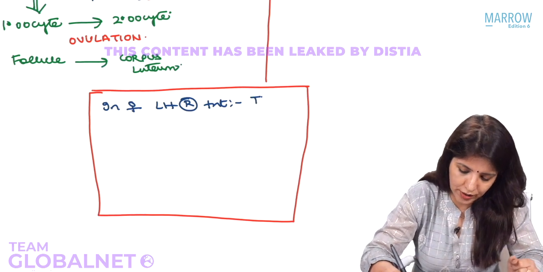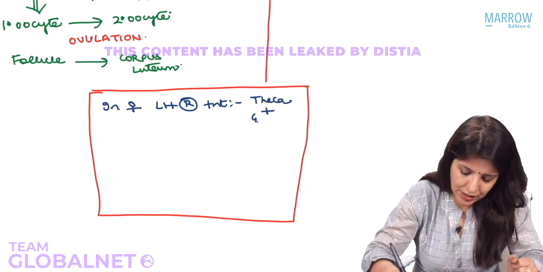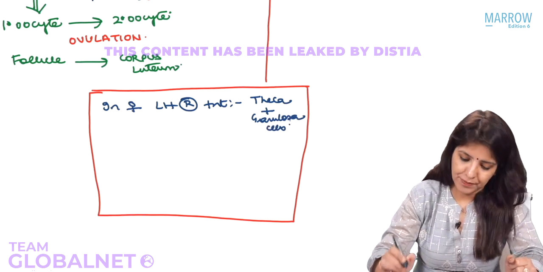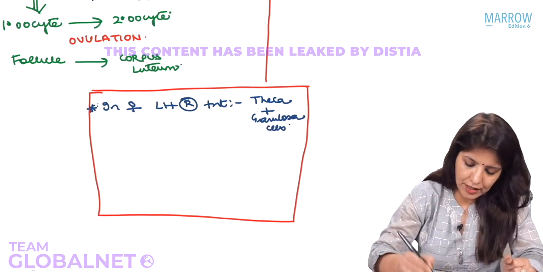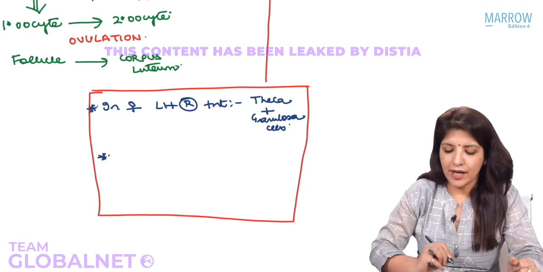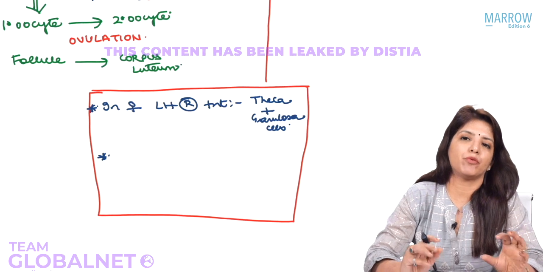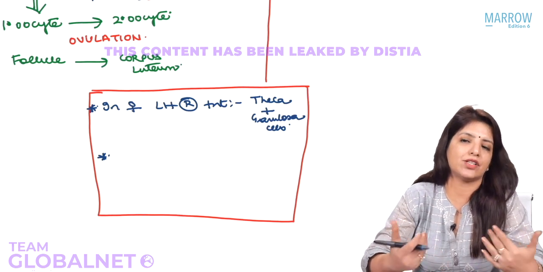So LH receptors are present on theca cells plus on granulosa cells.